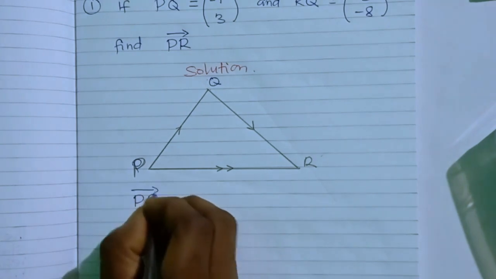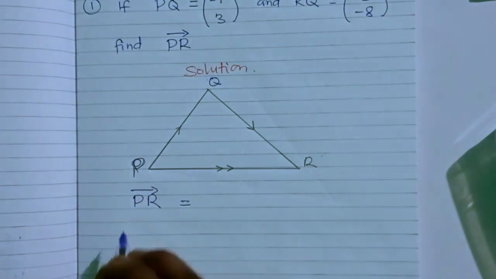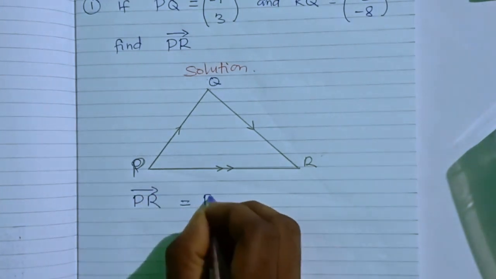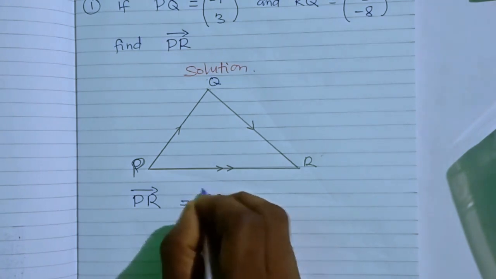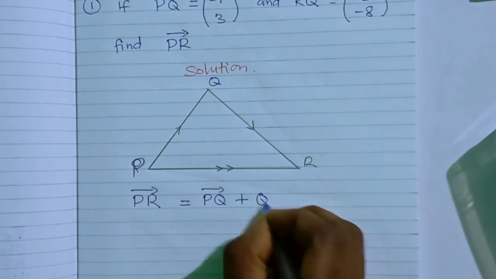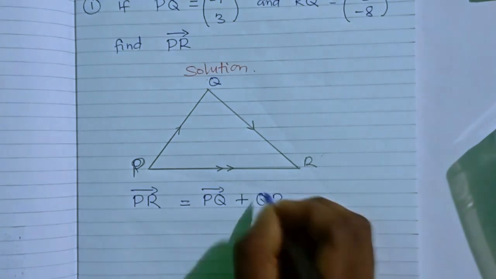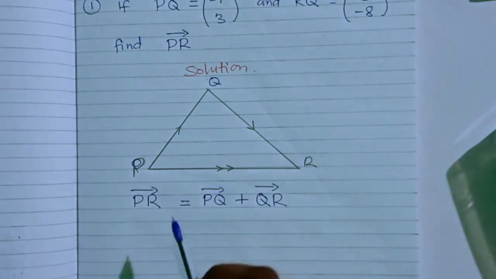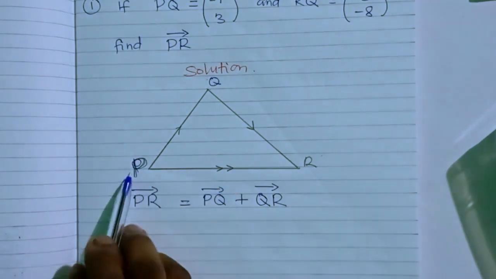PR will be given by, so you start from PQ, then the next one should also start from Q, so QR, like this. When you use a diagram, it's from PQ.